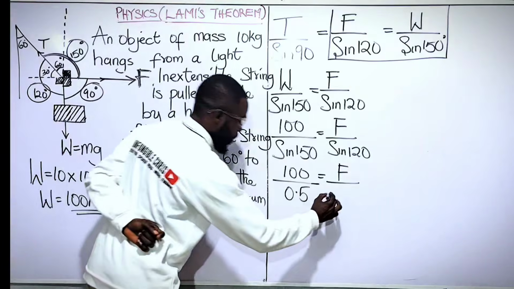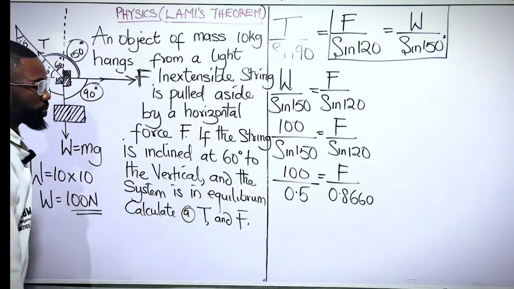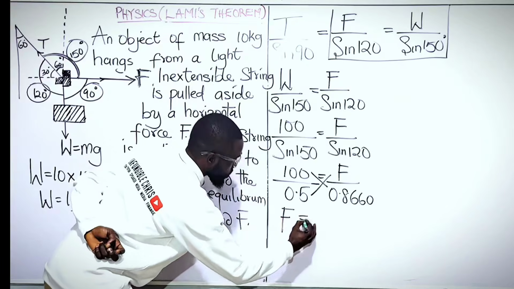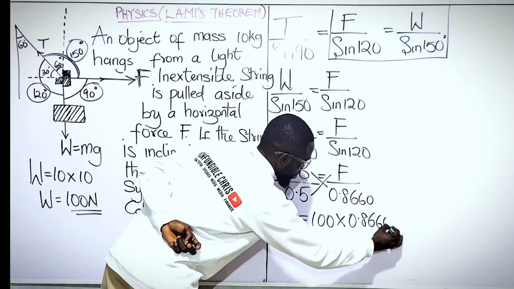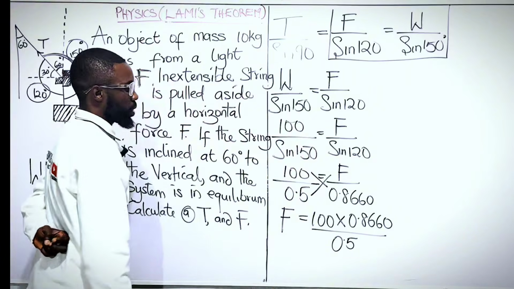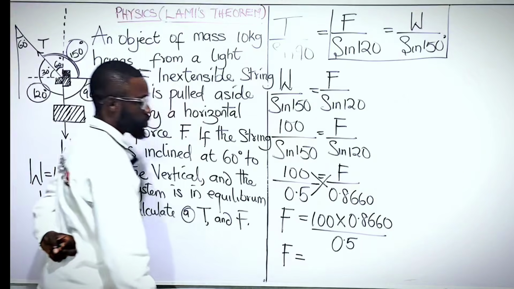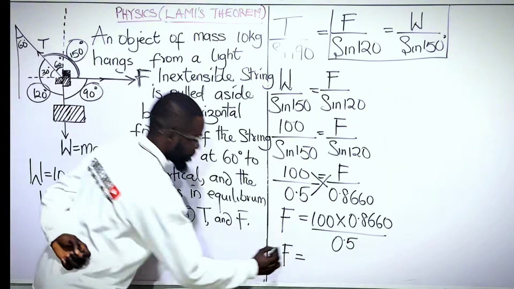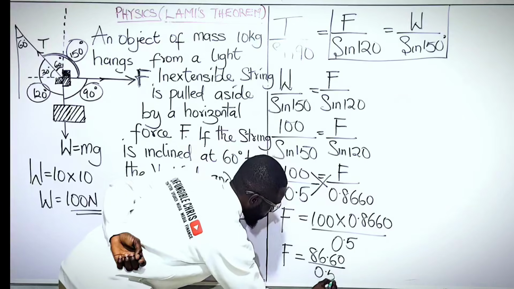Using your calculator, sine 120 gives us 0.8660. By cross multiplying, we're going to have F as 100 times 0.8660 over 0.5. So our F becomes 100 times 0.8660, which gives us 86.60, over 0.5.